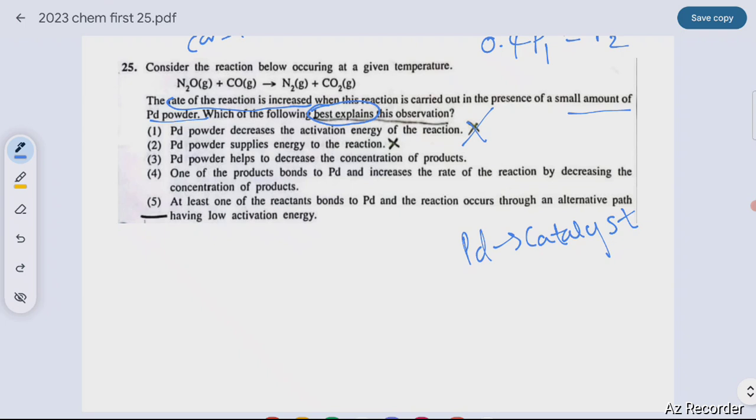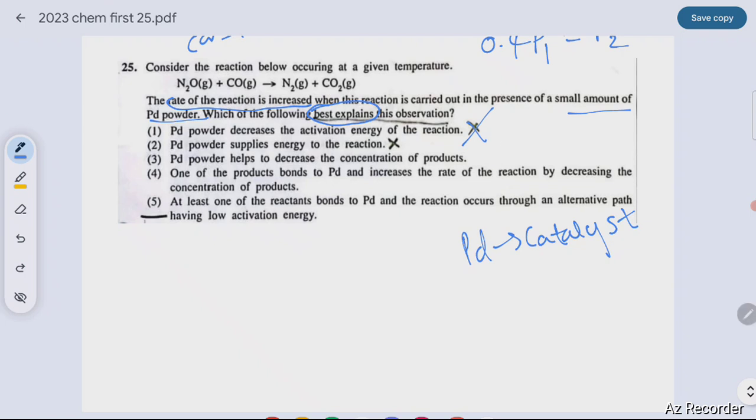A catalyst does not change the activation energy of the reaction, but it provides an alternative path with less activation energy. In the existing path it cannot change the activation energy, but it provides another path, and in that path the activation energy is less. So this is wrong.